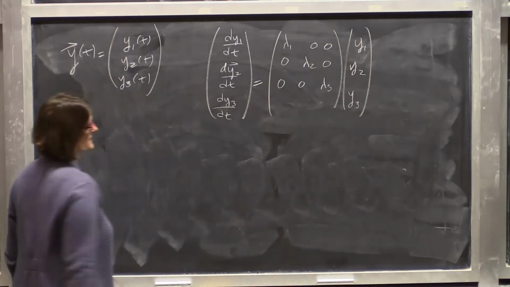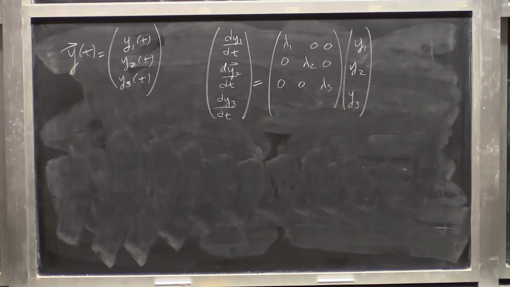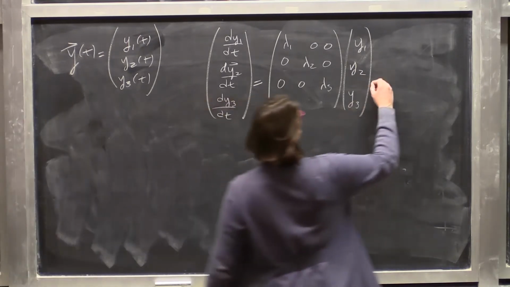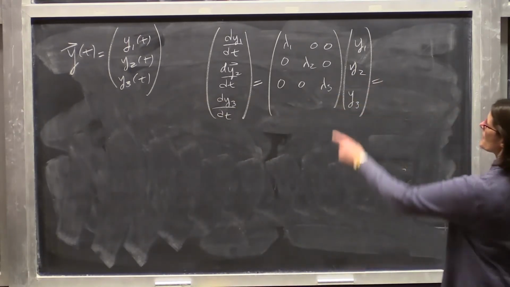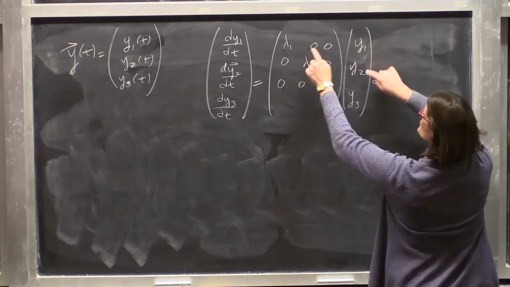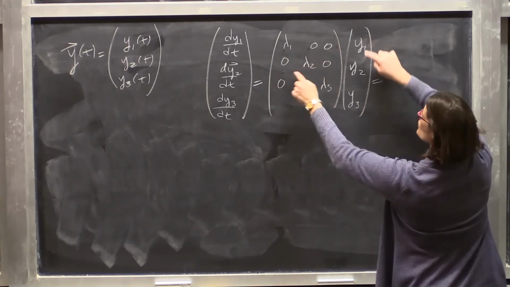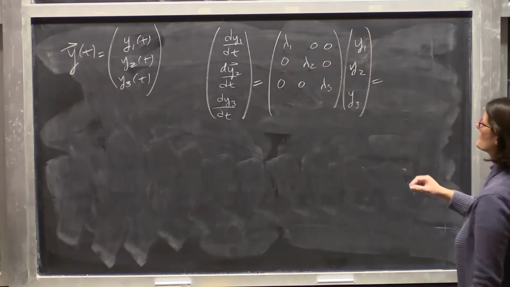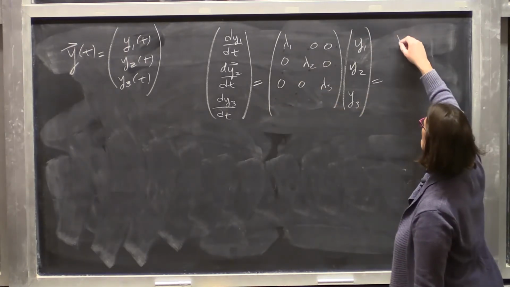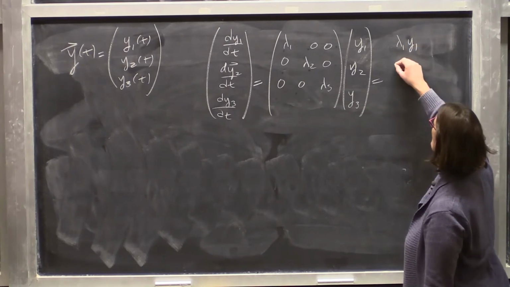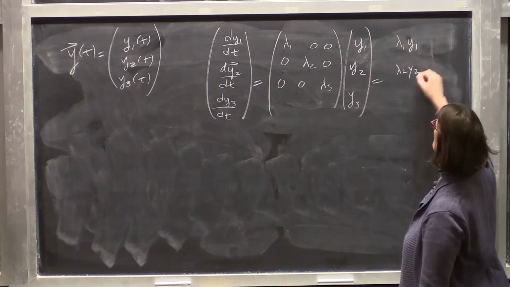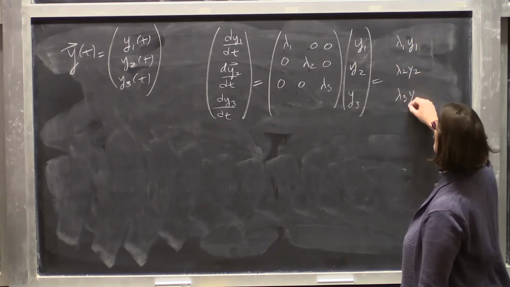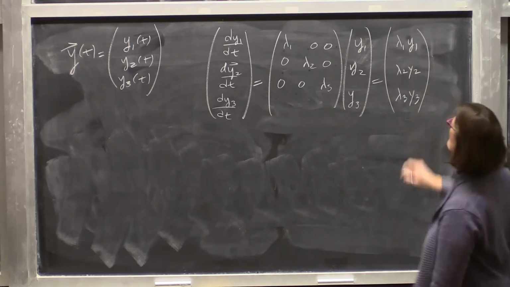That's what the system of differential equations is. So that's the same thing. If I multiply this out, I have lambda 1 y1 plus 0 plus 0, then 0, lambda 2 y2, 0, then 0, 0, lambda 3 times y3. So I have lambda 1 times y1, lambda 2 times y2, lambda 3 times y3.